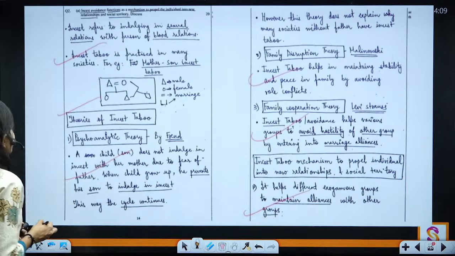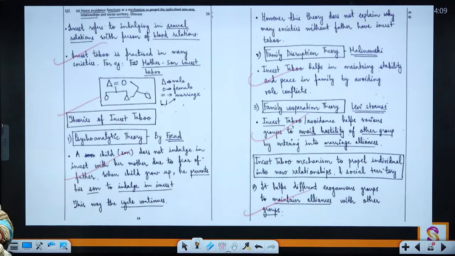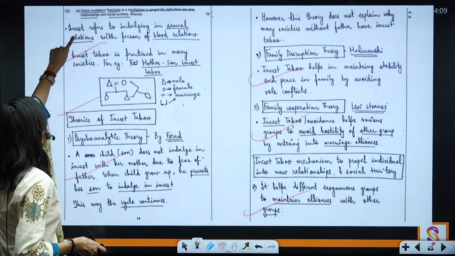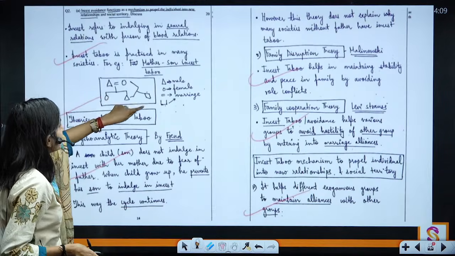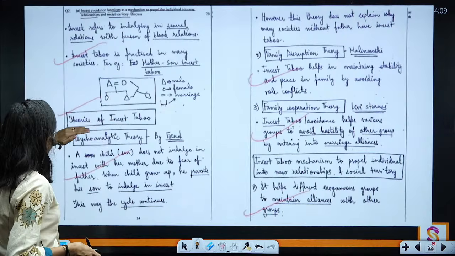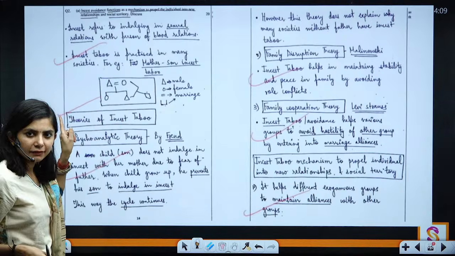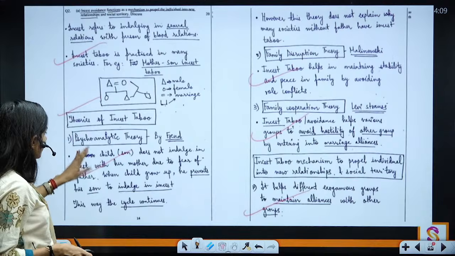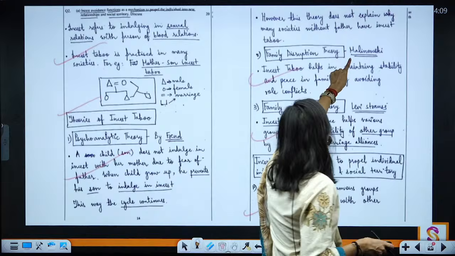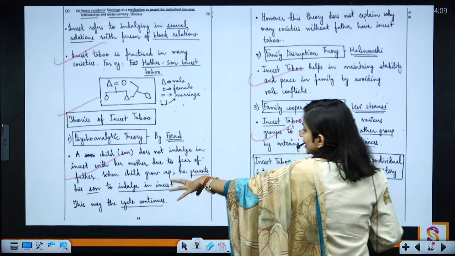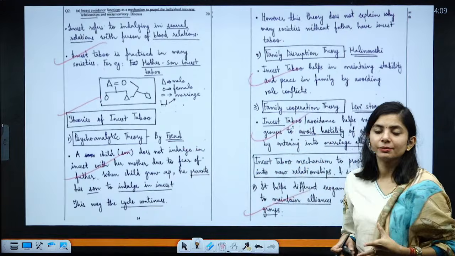So this question is about the incest taboo, a very simple short question. The topper gave the basic meaning of incest taboo, then the theories. As I have told you, five theories. In each theory they mentioned the name of the anthropologist separately and then explained.